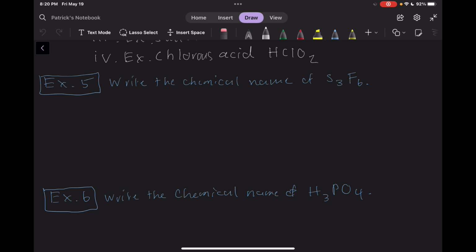This is a prime example of case 1, since both sulfur and fluorine are nonmetals. There are 3 sulfur atoms, so it takes the prefix tri and becomes trisulfur. There are 6 fluorine atoms, so it gets the prefix hexa and becomes hexafluoride.